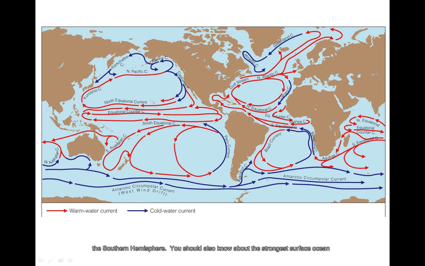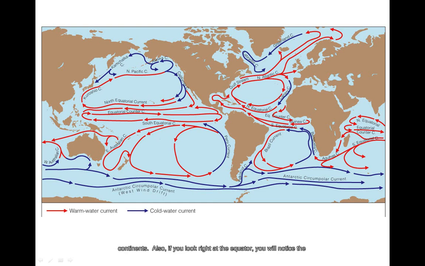Now, you should also know about the strongest surface ocean current, the Antarctic Circumpolar Current. And although not technically a geostrophic gyre because it circles a landmass, it flows through the uninterrupted ocean around Antarctica without running into and getting slowed down by any continents.